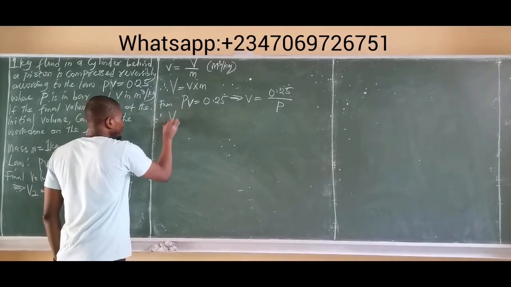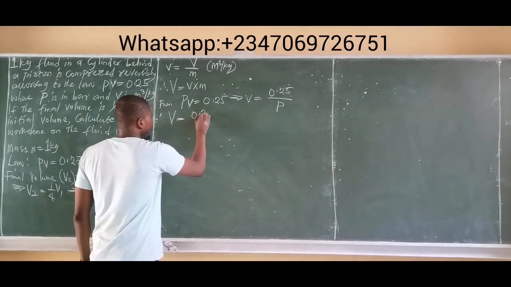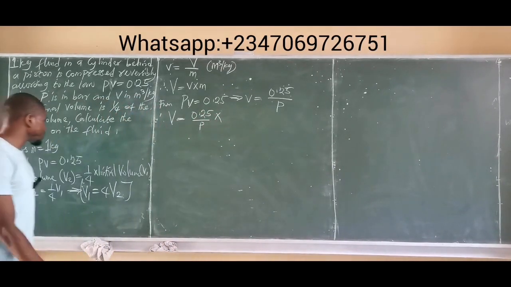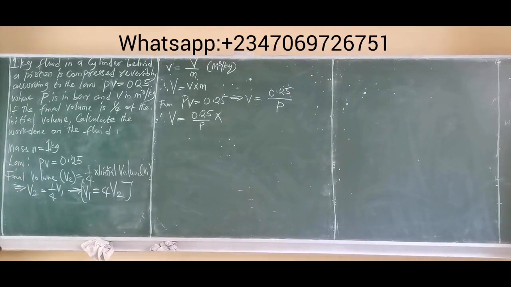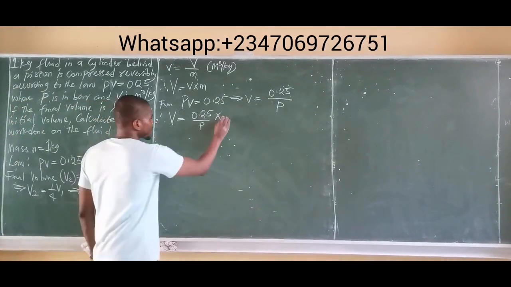Therefore, total volume V is equal to specific volume, which is 0.25 all over P, multiplied by mass. But the mass given in the question is 1 kg. So you have to do this. In case the mass is not 1 kg, let's say it is 2 kg, then you're going to be multiplying this equation by 2. But in this case, mass is 1.